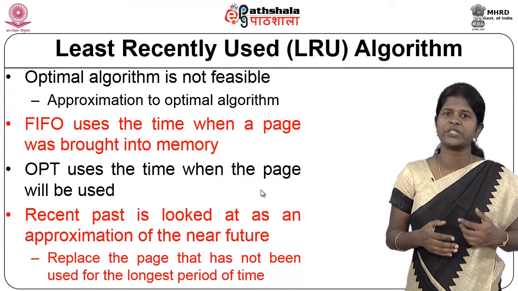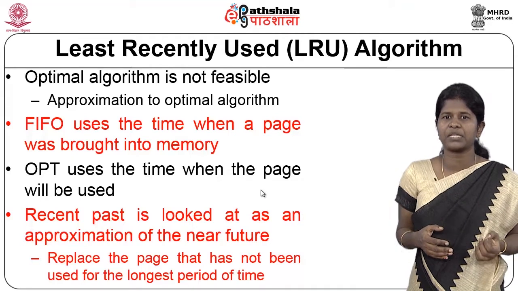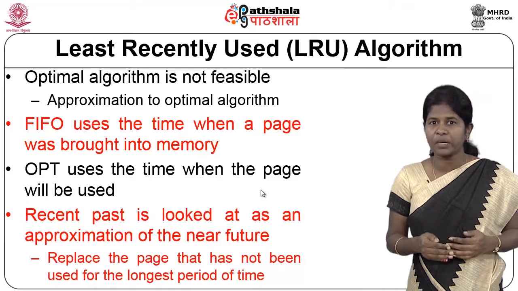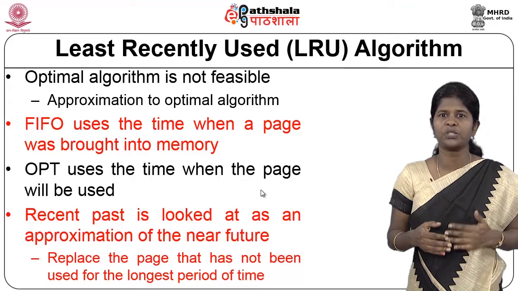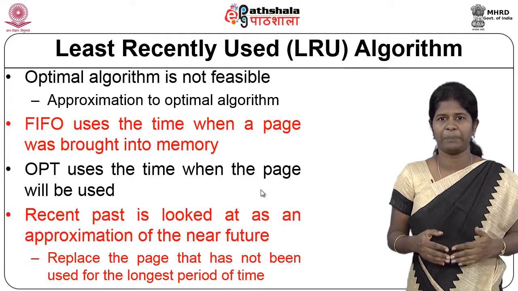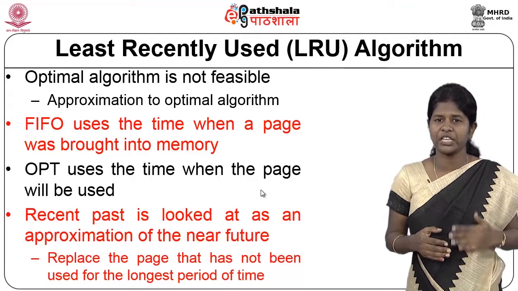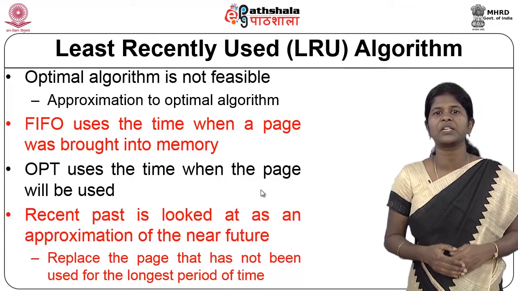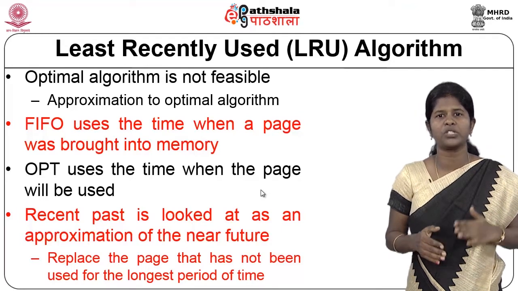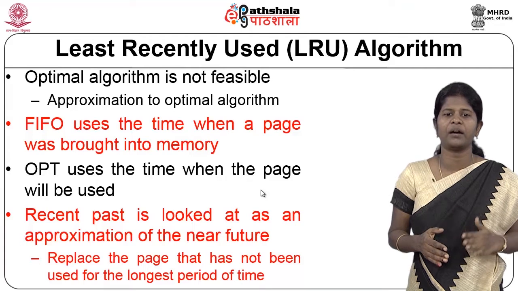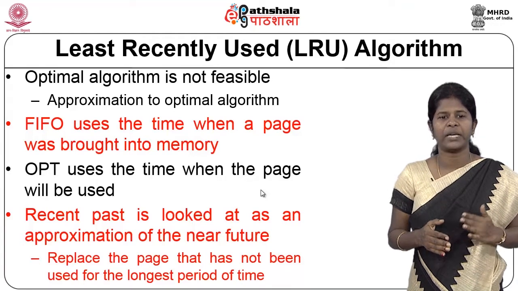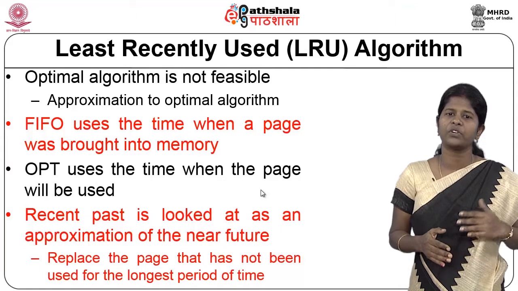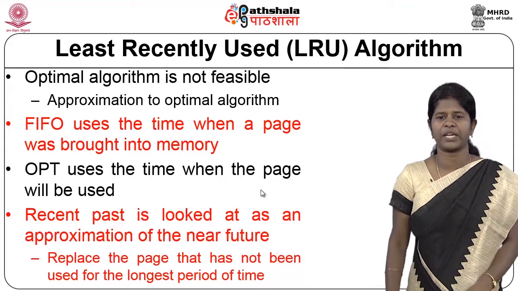So, if a page was referred to in the recent past, you assume that it will also be used in the near future, and hence you do not choose that page for replacement. The page that will be chosen for replacement will be the page which was not used in the recent past, or you replace the page that has not been used for the longest period of time.